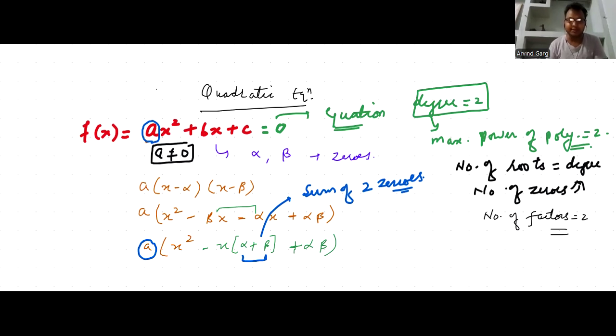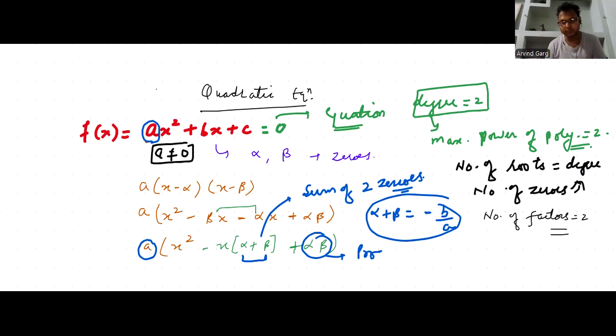So from here we can say that alpha plus beta must be minus b by a, which is the coefficient of x divided by the coefficient of x square, and minus because this must be removed. In the same way, this is the product of two zeros, alpha into beta, the product of zeros. All right. I hope this is clear.